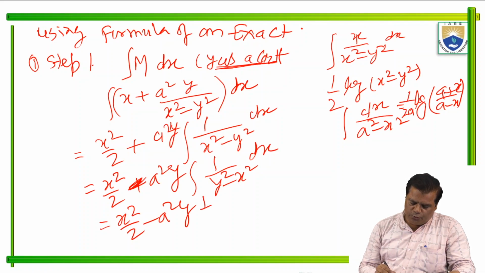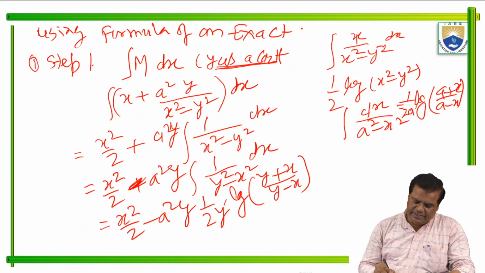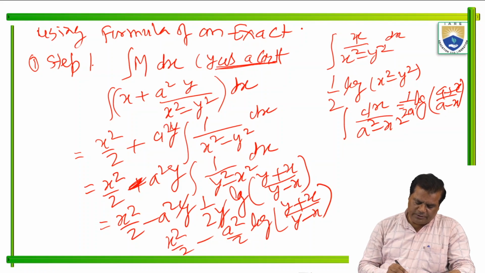So 1 upon 2a means y, and log, y constant, y plus x upon y minus x. So y is cancelled. So x square y upon 2 minus a square y upon 2 and log y plus x upon y minus x. So this is the solution, step 1, m dx.